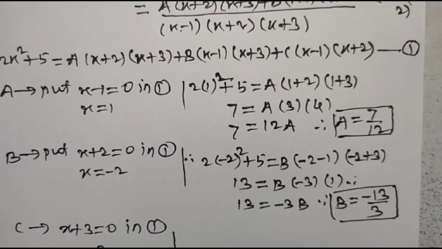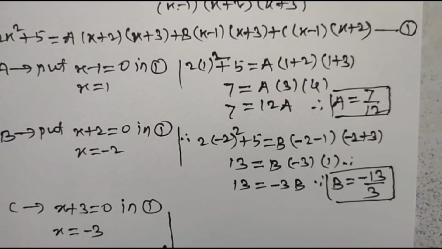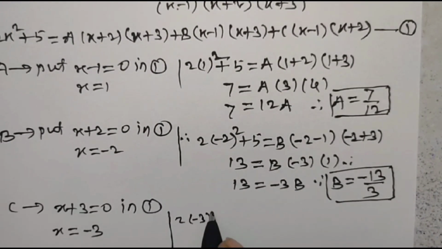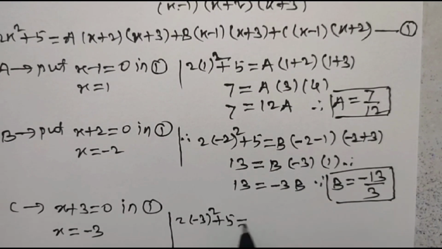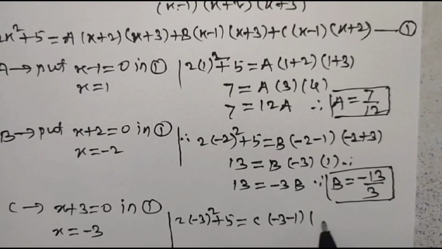So replacing x by minus 3 on LHS and on RHS, 2 times minus 3 square plus 5 is equal to c into minus 3 minus 1 in the second bracket, minus 3 plus 2.